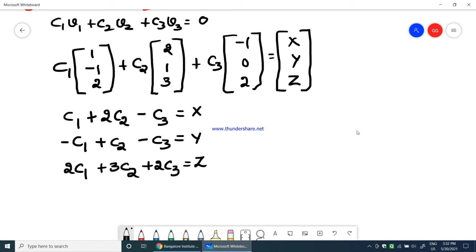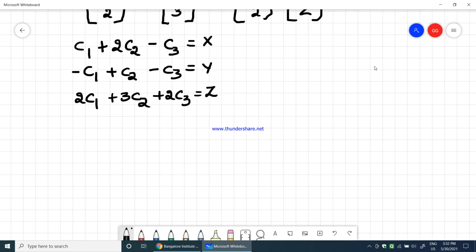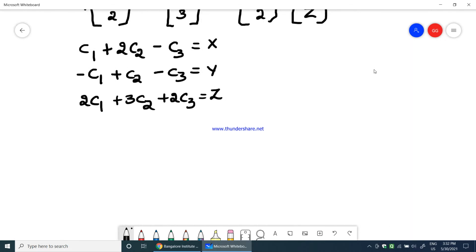Now we will substitute and perform some more operations to see that C1, C2 and C3 are completely dependent on X, Y, Z terms. Let us see how to do that.